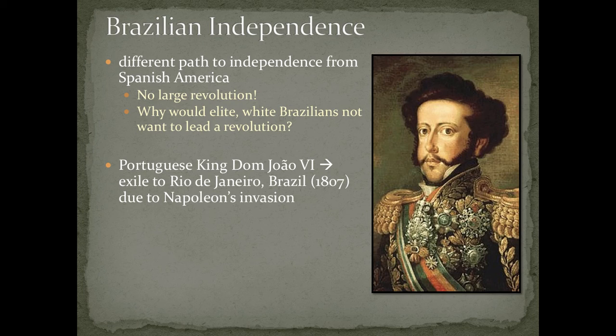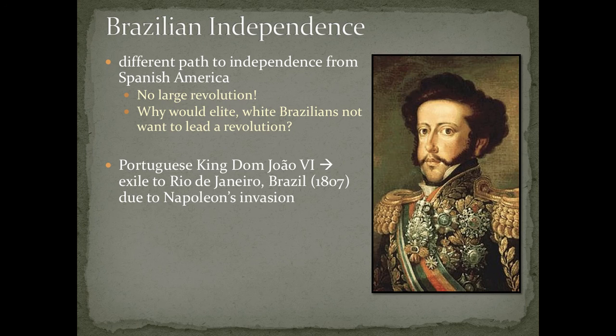Fortunately for Brazil, Dom João left his son. This is his son right here. This is Dom Pedro I as regent. All right, so basically meaning that an extension of the Portuguese royal family is left in charge of Brazil, the son of King Dom João. So João knew how the wind was blowing with these Atlantic revolutions.